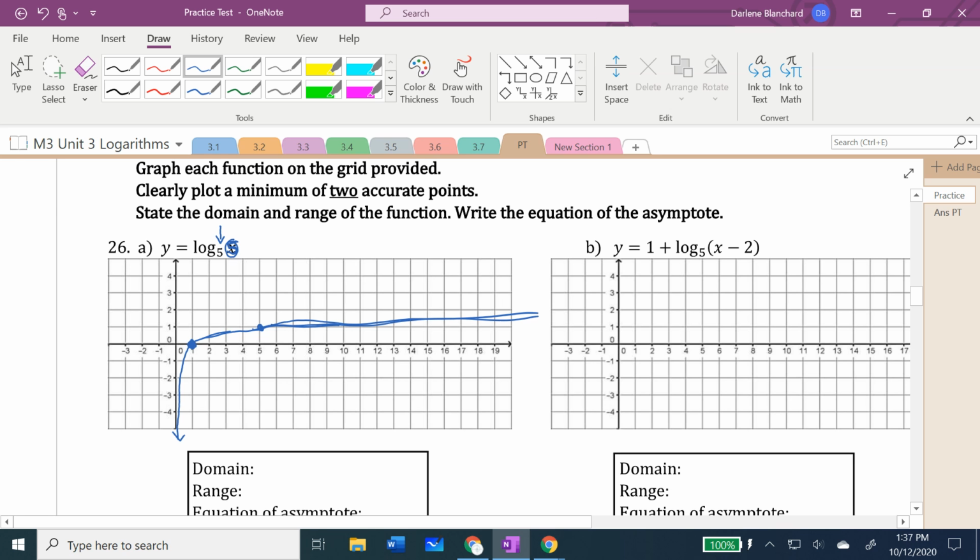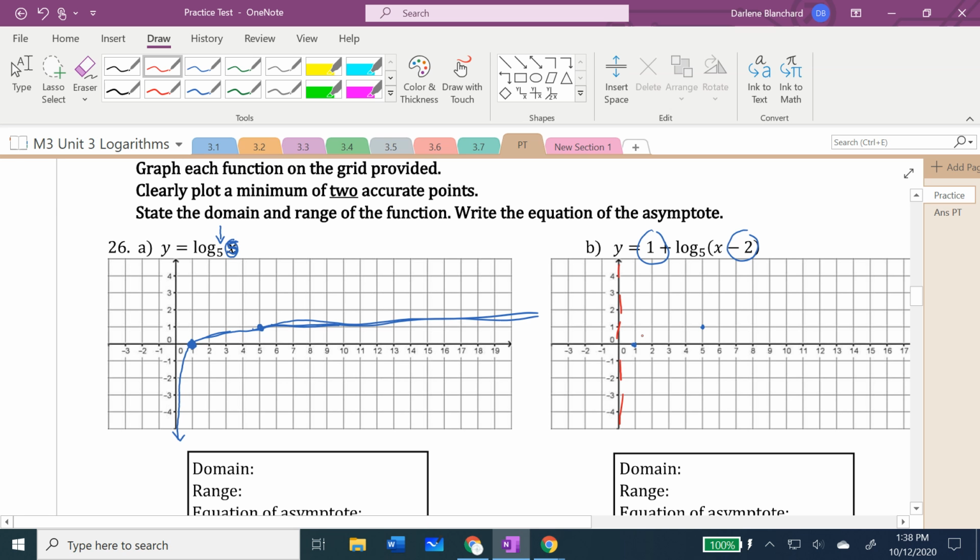For part B, we are taking that graph and we are moving right 2 and up 1. So I'm going to plot these points that I have, and I recommend that you do that as well. And in fact, when you have to move a graph, you may want to draw in a little asymptote of where it was and move that asymptote.